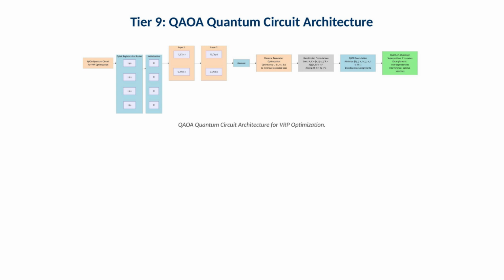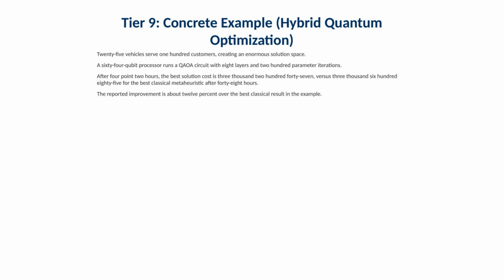This figure shows the circuit architecture used to implement QAOA for routing decisions. The important concept is that quantum superposition and structured interference help explore many configurations, and the hybrid loop pushes probability mass toward better solutions. In the example, 25 vehicles serve 100 customers.